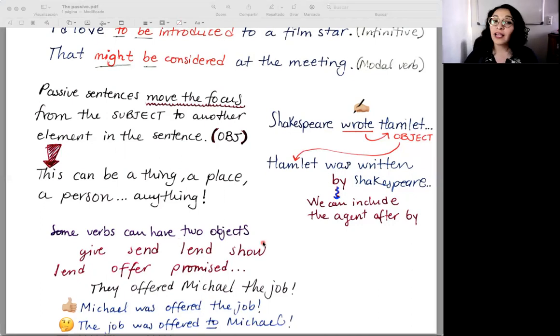Now, something important about the passive is when we think about our own language, Spanish for most of us, we don't use this exact structure in Spanish.